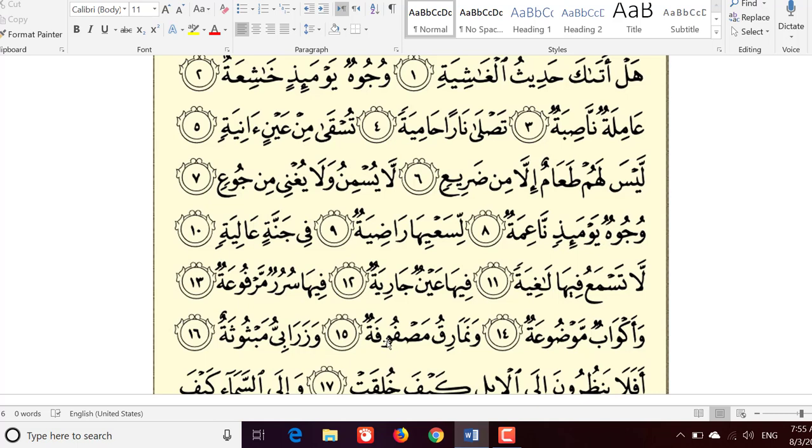Saf becomes masfufa. وَزَرَابِيُّ مَبْثُوثَةٌ. Zarabi, if I'm not mistaken, are like rugs that are spread out, rolled out carpets. And here we have mabthutha, also treated as singular feminine because it is non-human. So we have the ta marbuta, and also this is a doubled ending, batha. Batha means to be spread out.